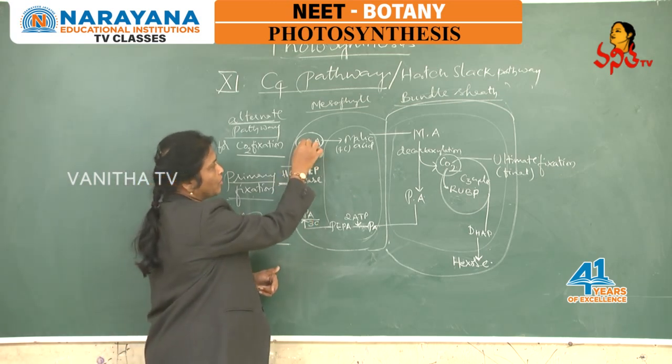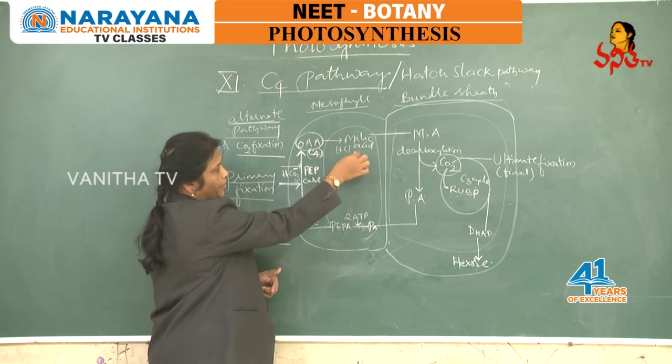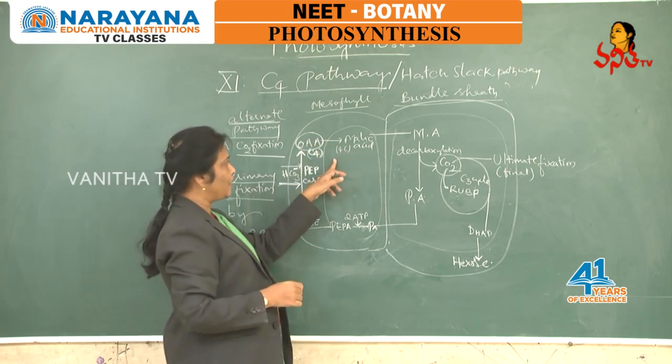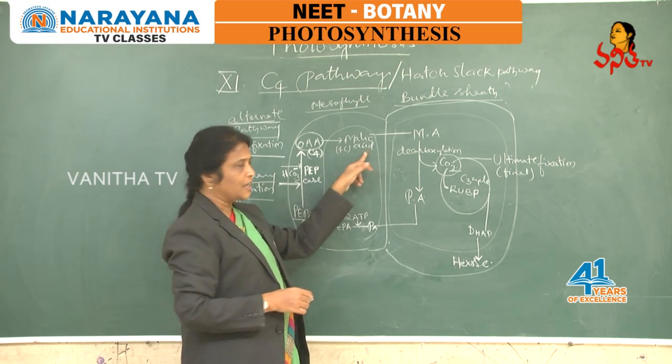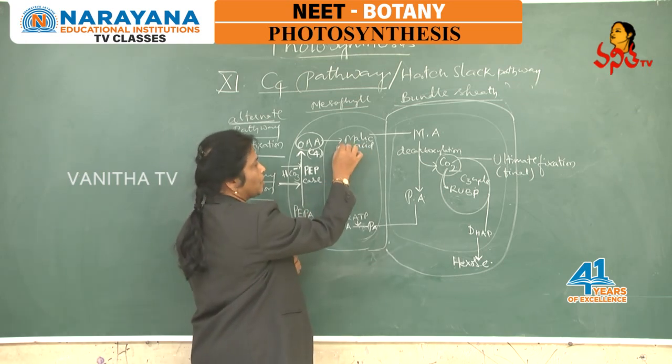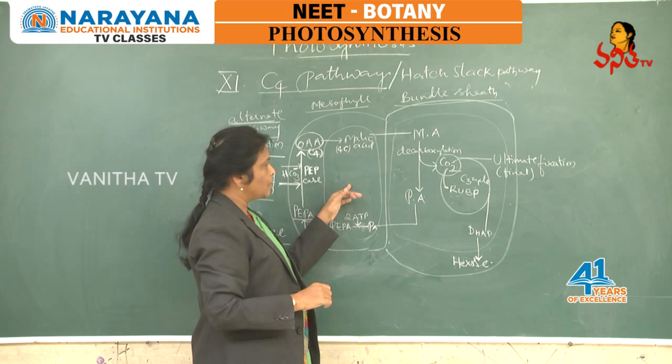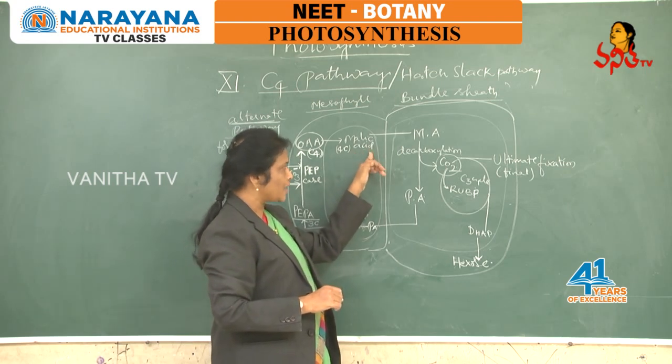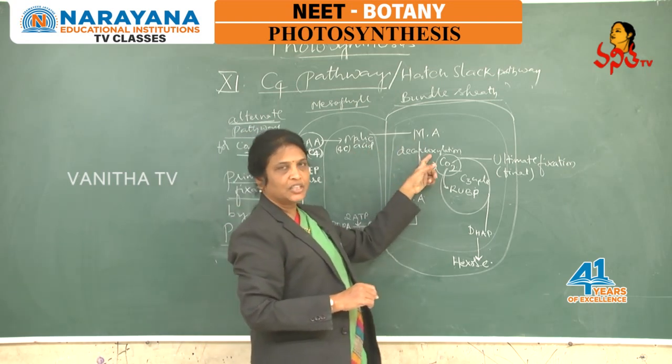And now this oxaloacetic acid enters the chloroplast of the mesophyll and is converted into malic acid, another 4-carbon compound, by a reduction process, and now this 4-carbon malic acid is transported to the bundle sheath cells.